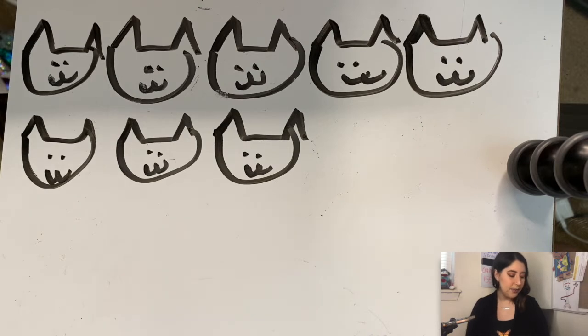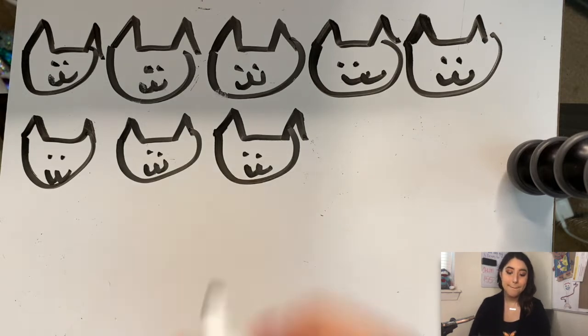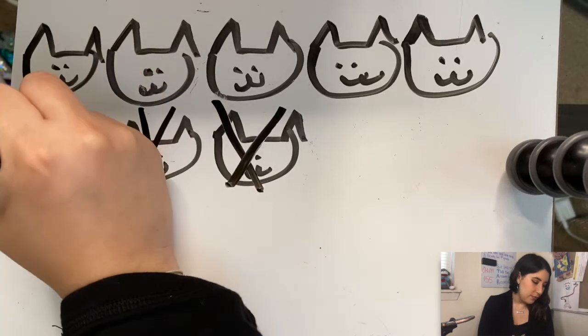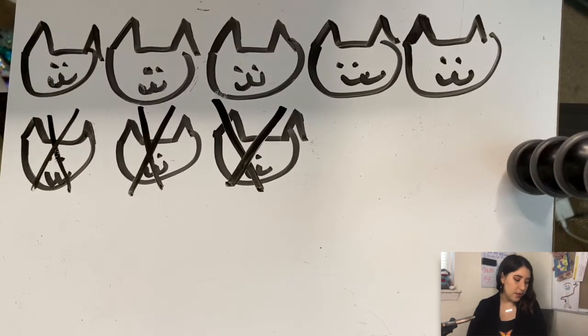3 of the cats went outside to play in the sunshine. So what should I do to the 3 cats in my 5 group? Cross them out. Now I'm going to create a number bond that tells about this story.